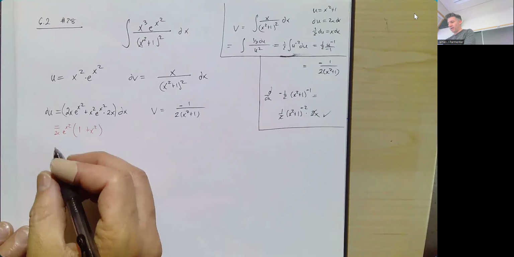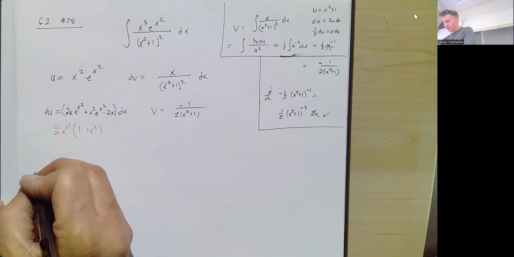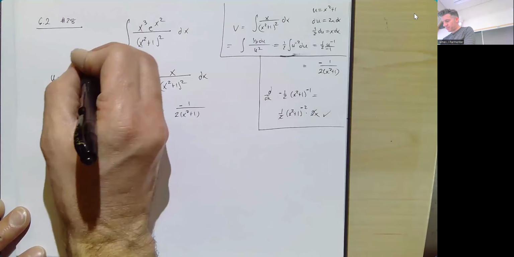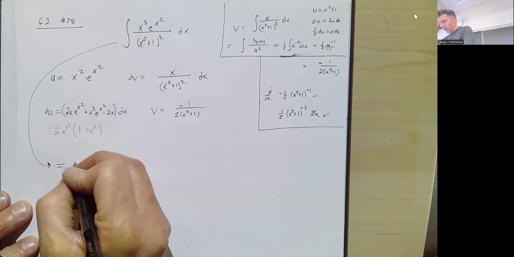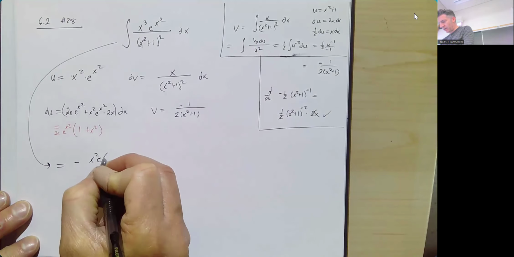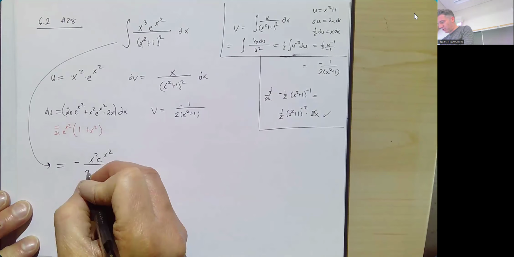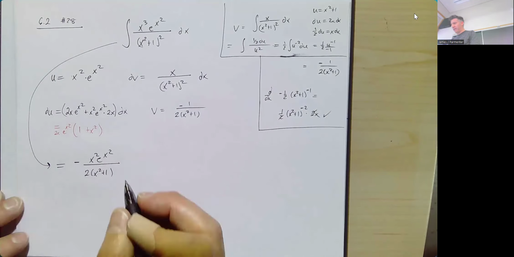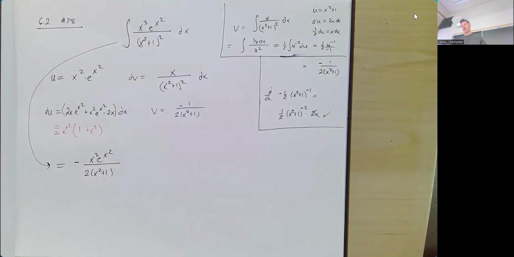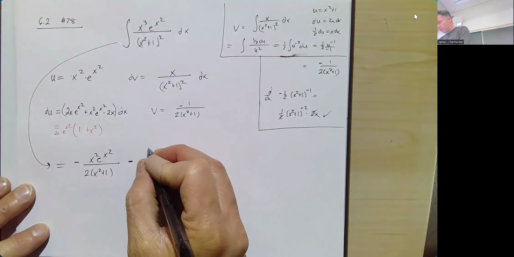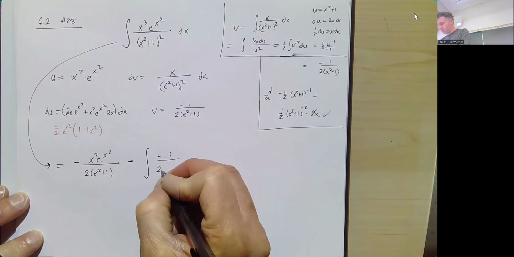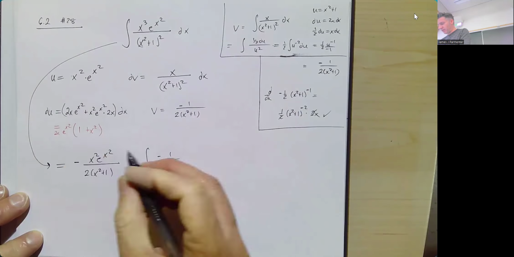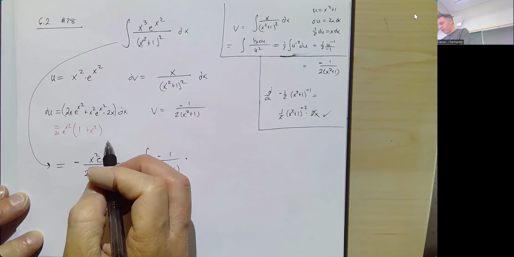So now, writing this out, I'm going to get u times v. So negative x squared e to the x squared over 2 times x squared plus 1, instead of writing it as x squared e to the x squared times negative 1 over 2 times x squared plus 1. Minus the integral of v, which is negative 1 over 2 times x squared plus 1, times my u.